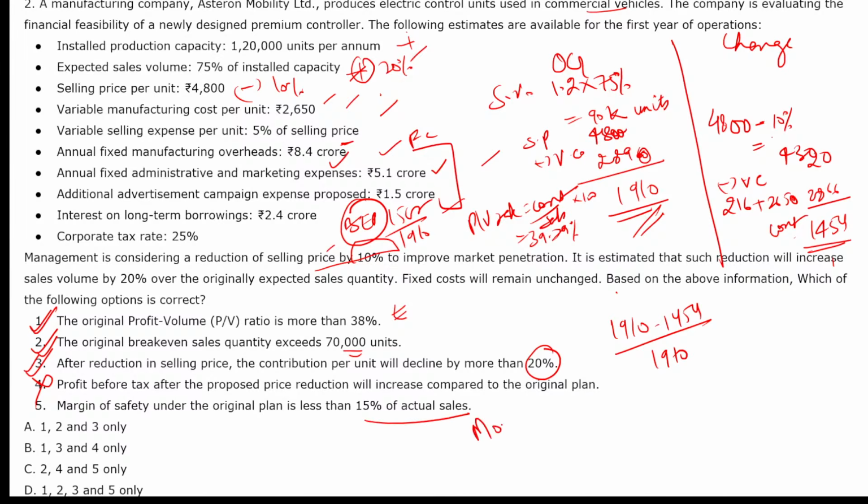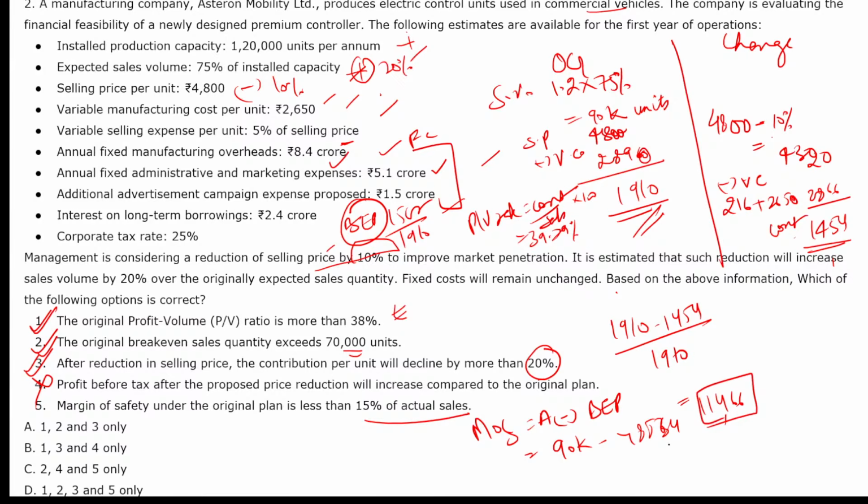Margin of safety under the original plan is less than 15% of actual sales. So margin of safety is actual minus BEP. Actual sales volume is 90,000 minus break even point volume of 78,534, so your margin of safety will be 11,466 units.